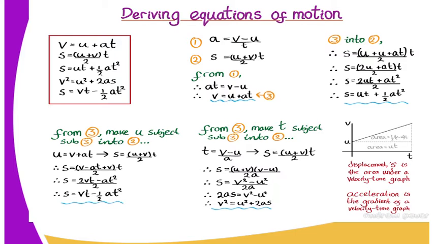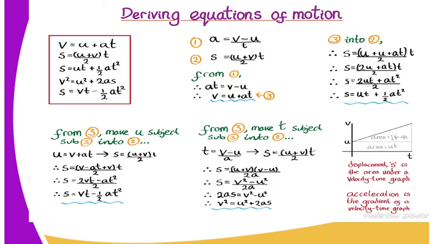The third equation of linear motion is v² = u² + 2as. And how do we come about that equation? We can see that v - u = at. Hence, s = ((v + u)/2) times t, and t = (v - u)/a.